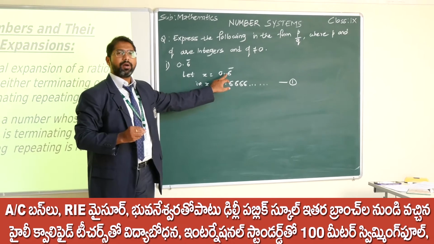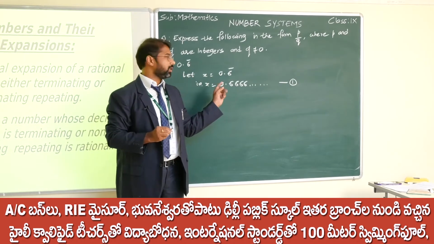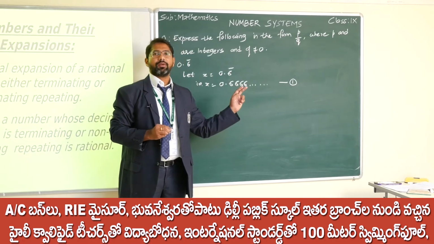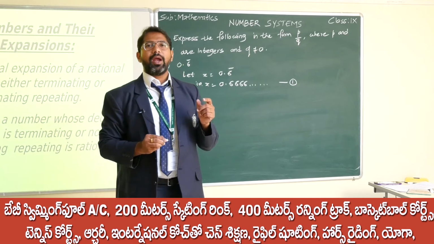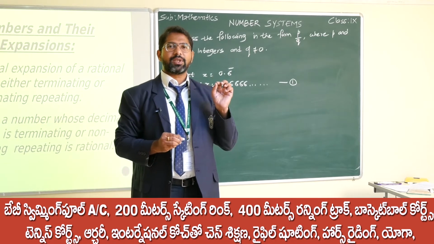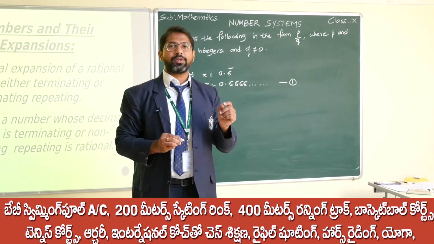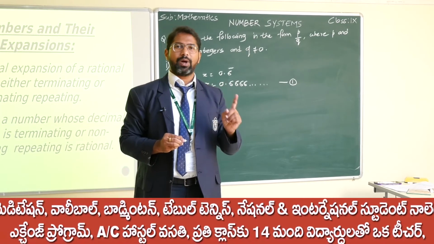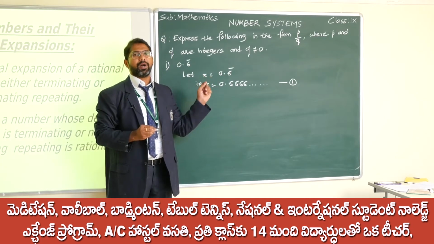In the decimal part here 6 is the only digit repeating, that 6 is called the period, and it is repeating only one time. 6 is the digit and it is repeating one time. Its periodicity is 1. Here the number of digits repeating in the decimal part is 1.